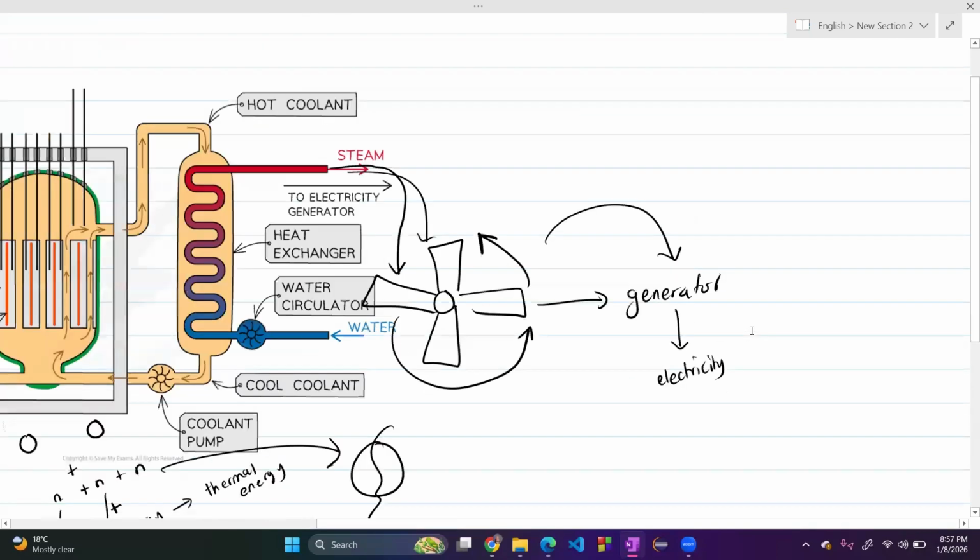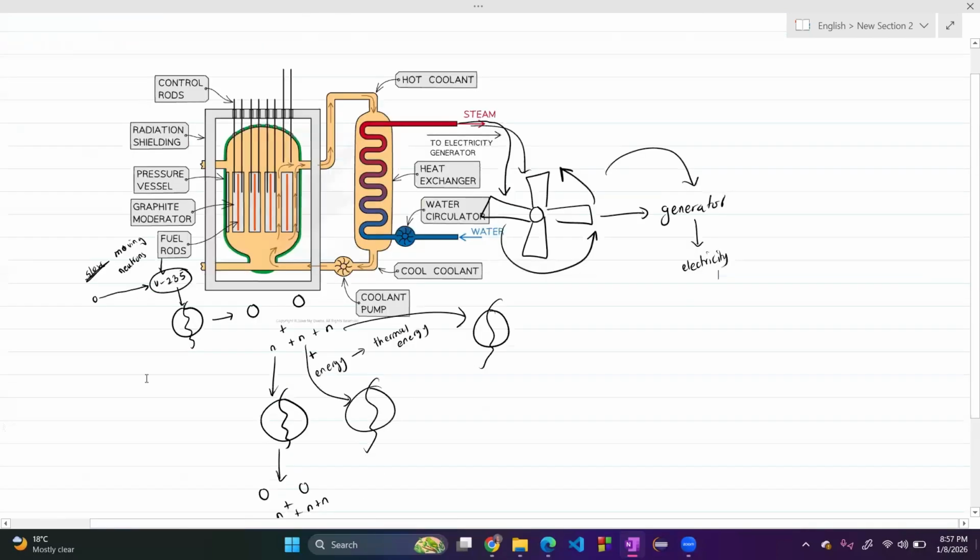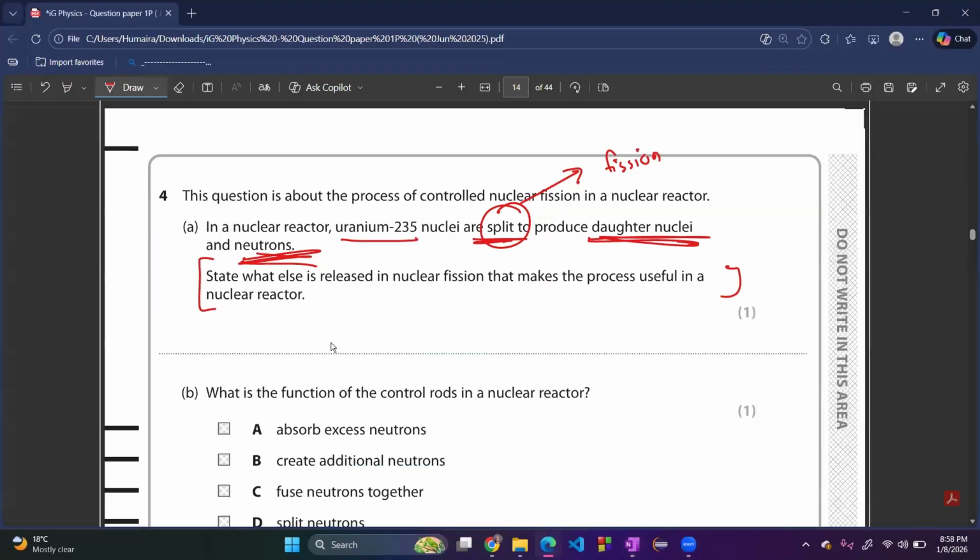So what do we have here? We have chemical energy in the fuel rod to thermal energy, to kinetic energy of the steam, to kinetic energy of the turbine, to electricity. This is the energy transfer that is happening here. So the other thing that they had asked us was thermal energy.